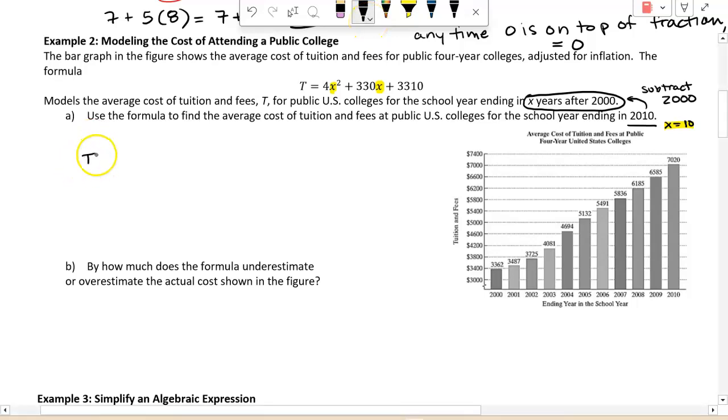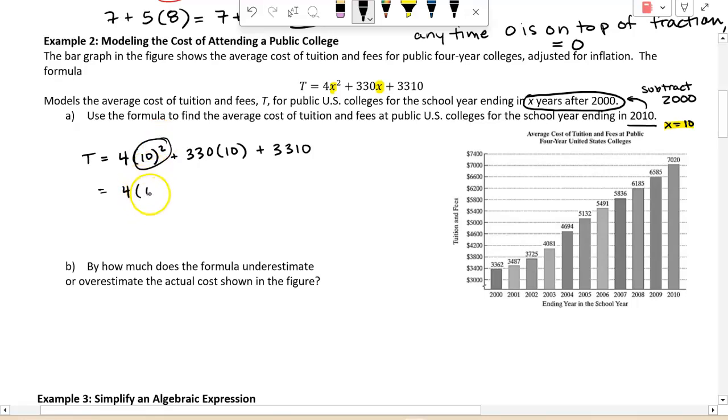So average tuition, capital T, is 4 times 10 squared plus 330 times 10 plus 3,310. Remember to do the exponents first.